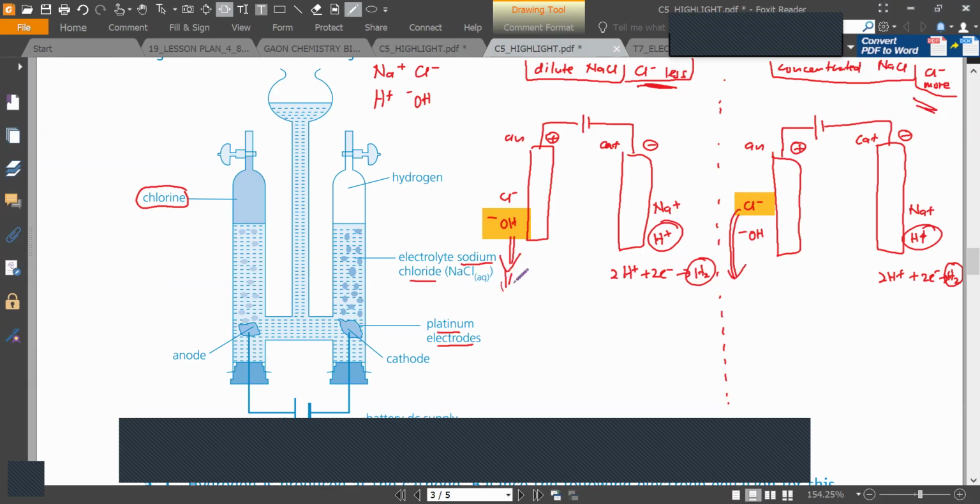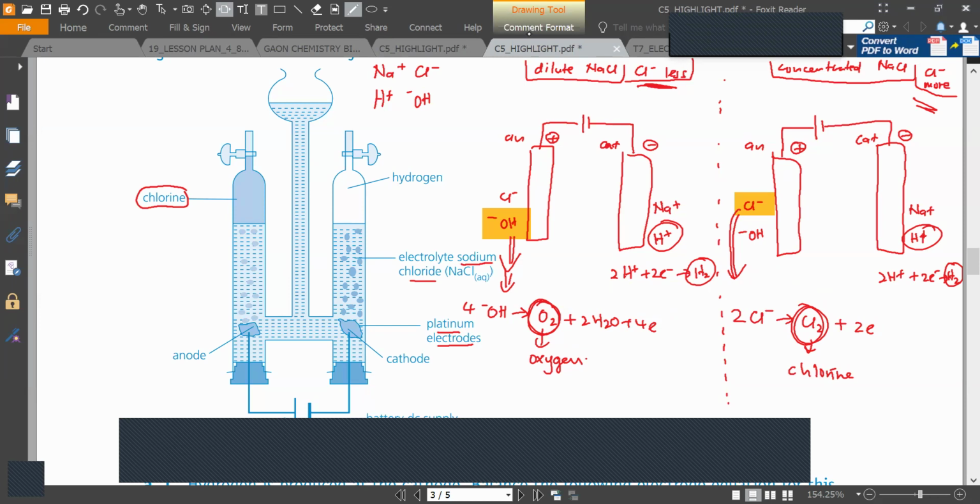Now this one, the product will be 4 hydroxide turning to oxygen, water and electrons. So the product will be oxygen. This one will be 2 chloride turning to chlorine gas, so this product will be chlorine.